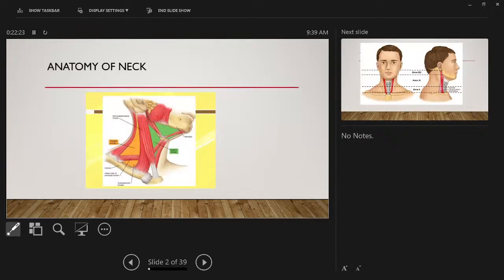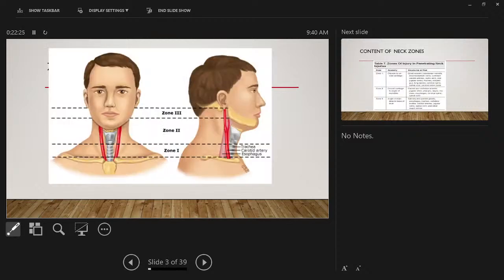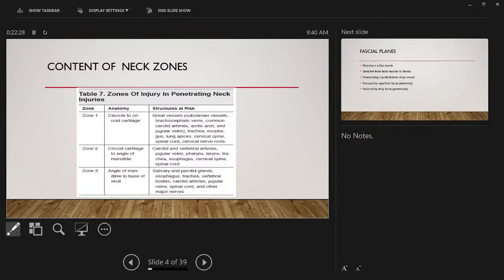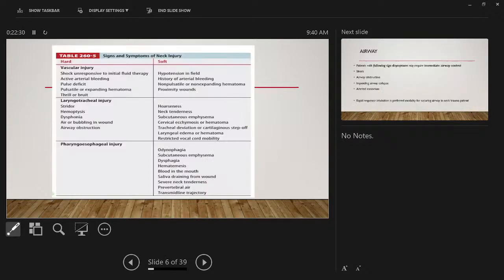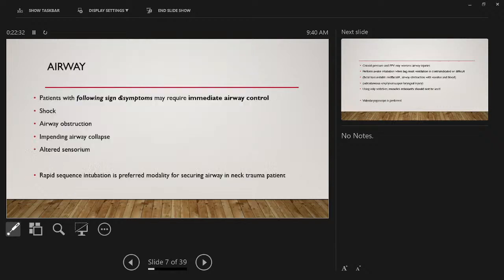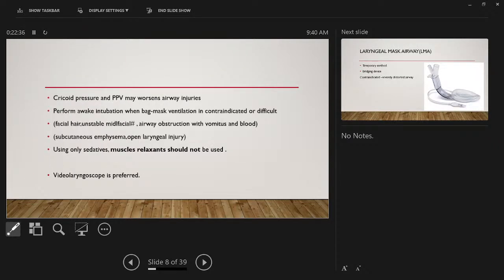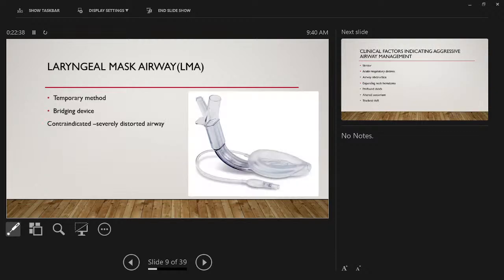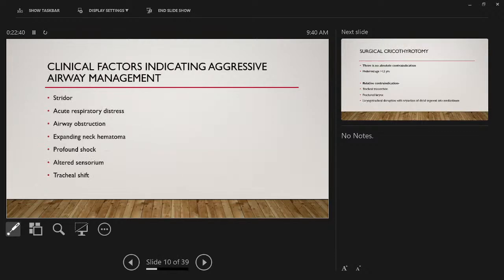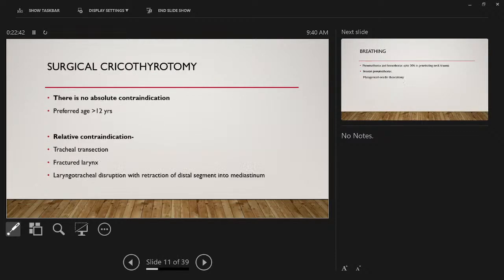Talk us through the anatomy of the neck. You described the triangles. You can take the mic. Keep the mic with you. Actually, the posterior triangle. Okay.